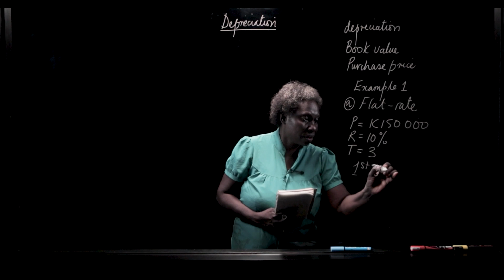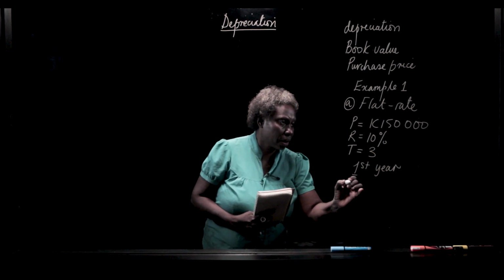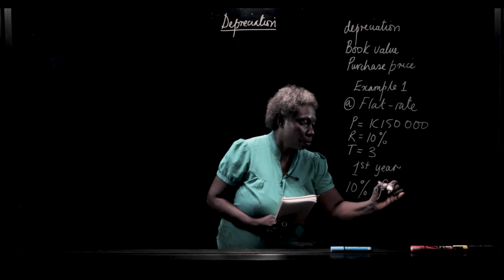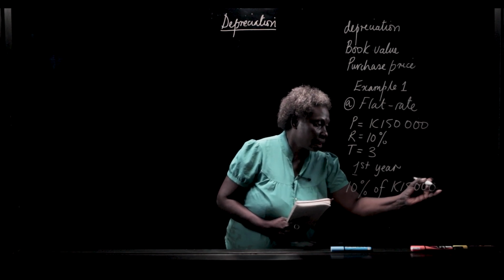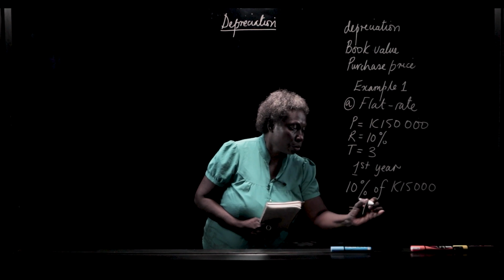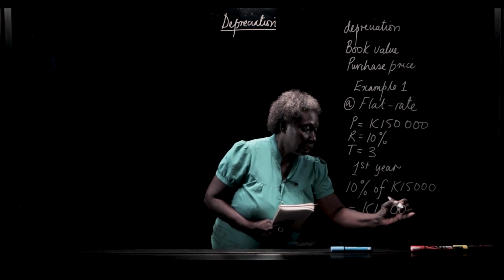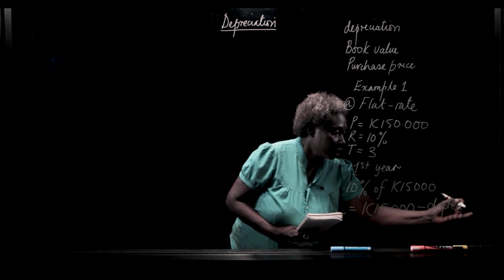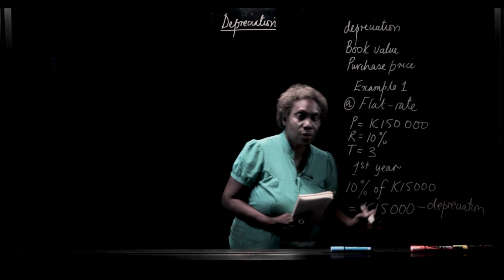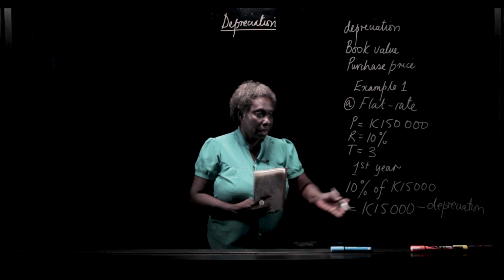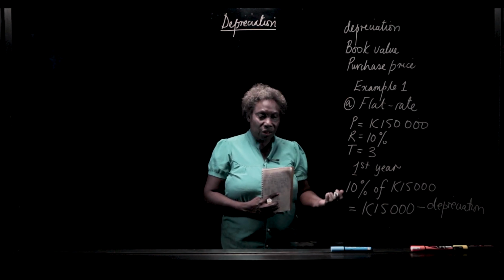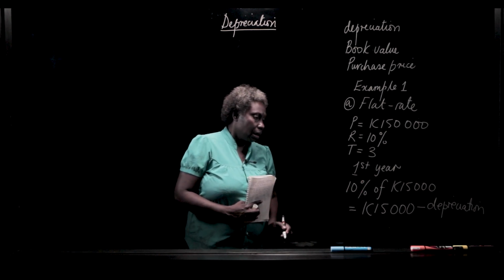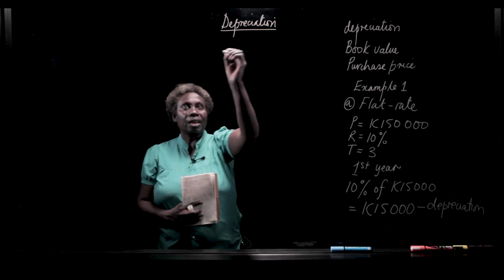After the first year, we have 10% of 150,000 kina, which is equal to 15,000. This 15,000 is what we call the depreciation, the amount that the bus will depreciate each year. What will be the book value?